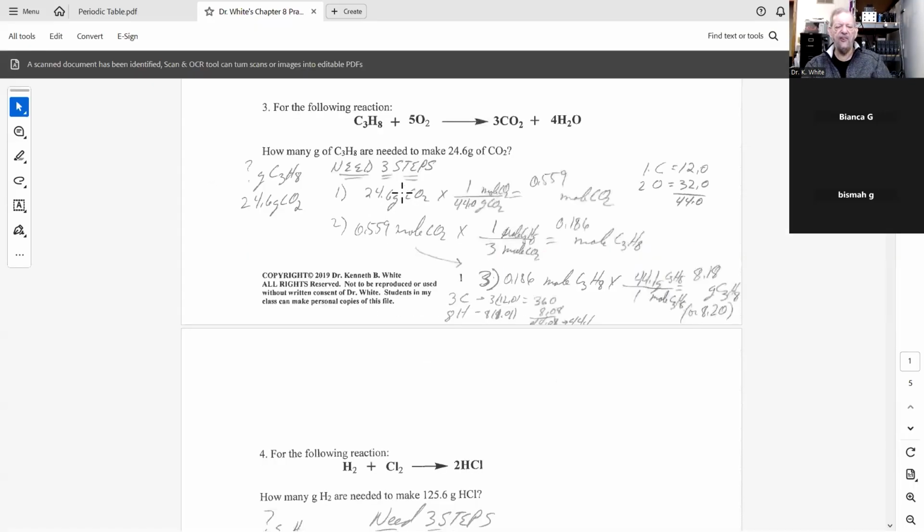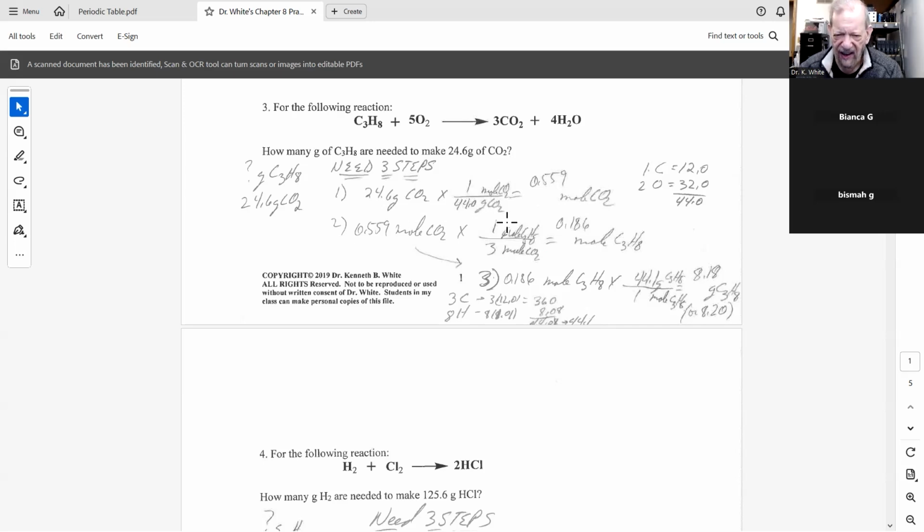All right, so the first step, we're going to go grams of A, and the only thing we have grams of is CO2. And we want to go to moles of CO2. And we'll use our good buddy, our good friend, unit analysis. Whatever we're trying to get to, the units go on top. Whatever we're trying to get rid of, the units go underneath.